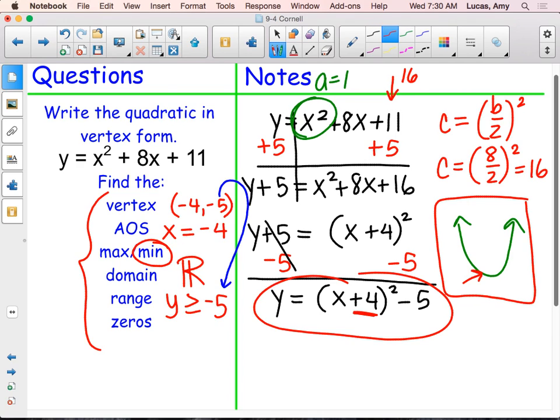My first zero looks like it's about -1.7. And then if I trace it around to the other side, it's about -6.2. So those are my zeros.